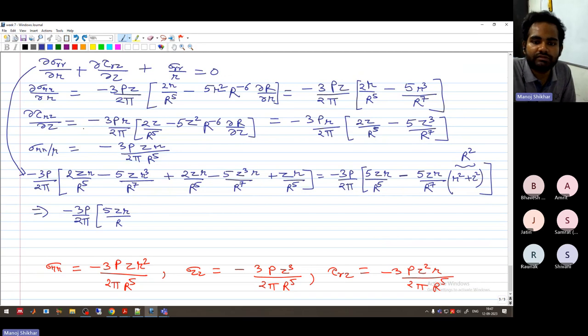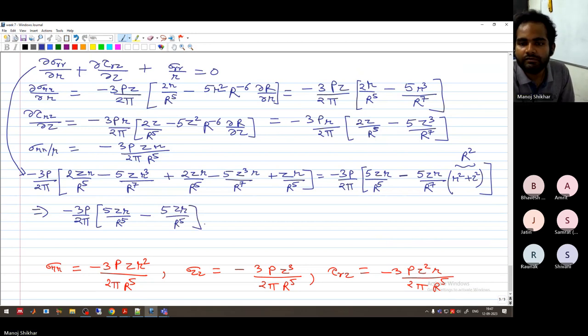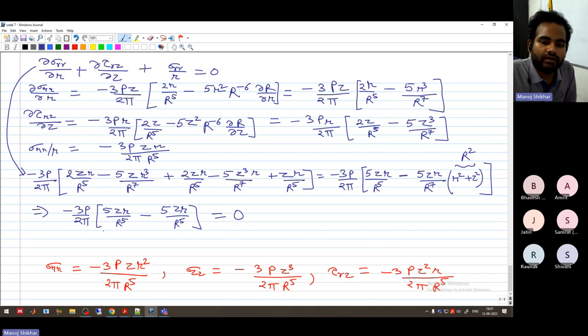Why am I writing as plus 7? Minus from here also you will get the same number but with a negative sign. So we are getting 0. Okay. So the equilibrium equation in r direction is getting satisfied.